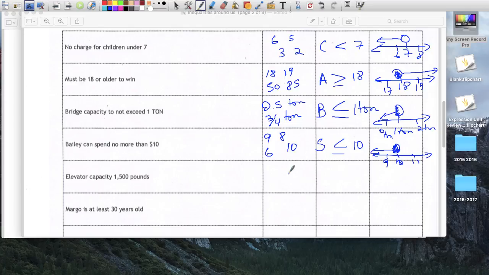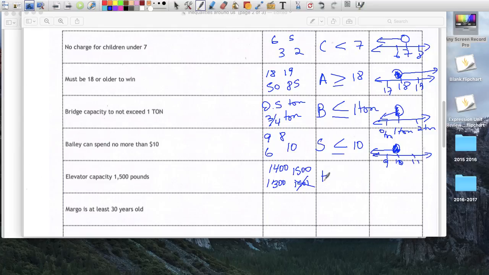The elevator capacity is 1,500 pounds. So that means that if the combined weight of everyone in the elevator is 1,400 pounds, it will go up. 1,300 pounds will work. At 1,500 pounds, it will still go. At 1,501, the elevator won't work, so that's out. That means the most it can take is 1,500 pounds.